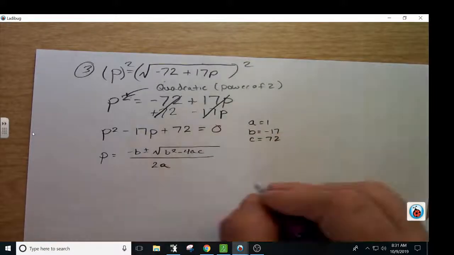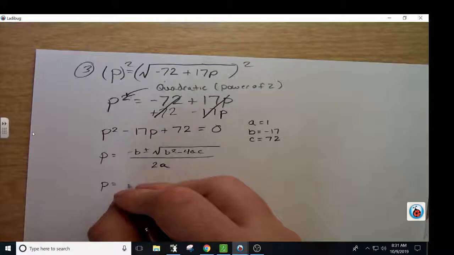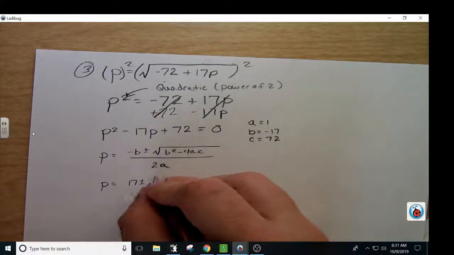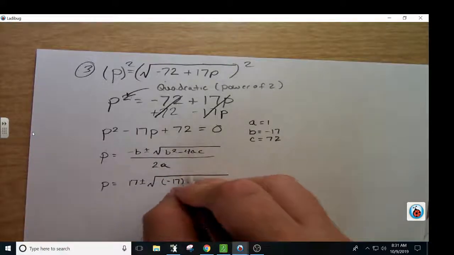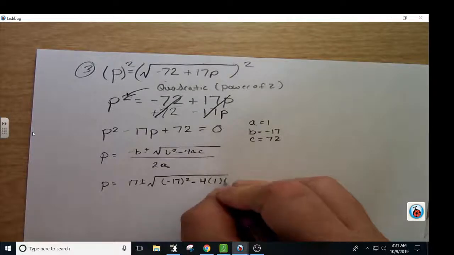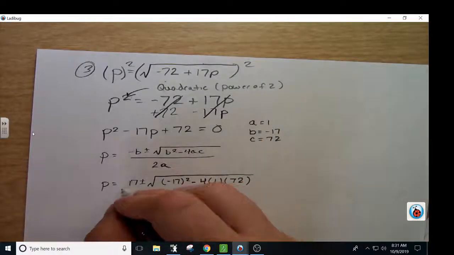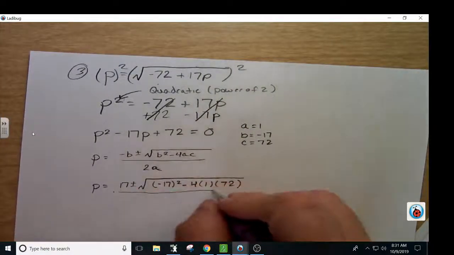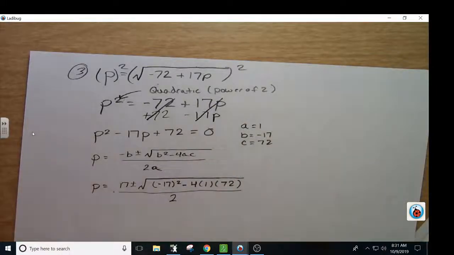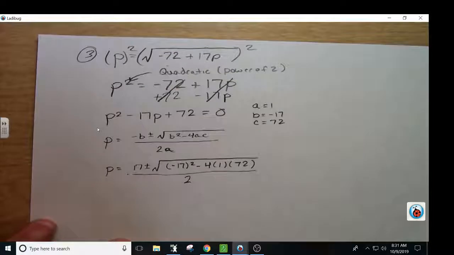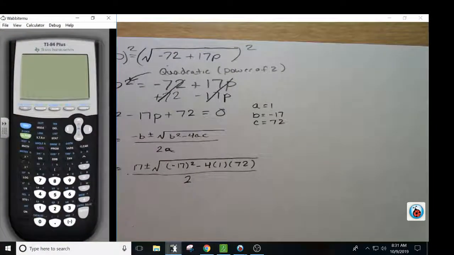Okay, so that gives me p equals 17 plus or minus, now, if I put my discriminant in my calculator, man, gives me 1.